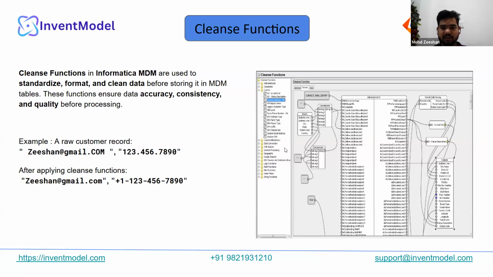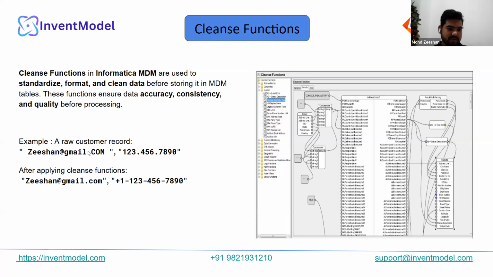So we can use the cleansing functions here. We have different string functions, just like in a programming language, where we have different functions related to strings and math. We have the same type of functions in Informatica MDM also. Here we can use trim, trim left, trim right, and so on.